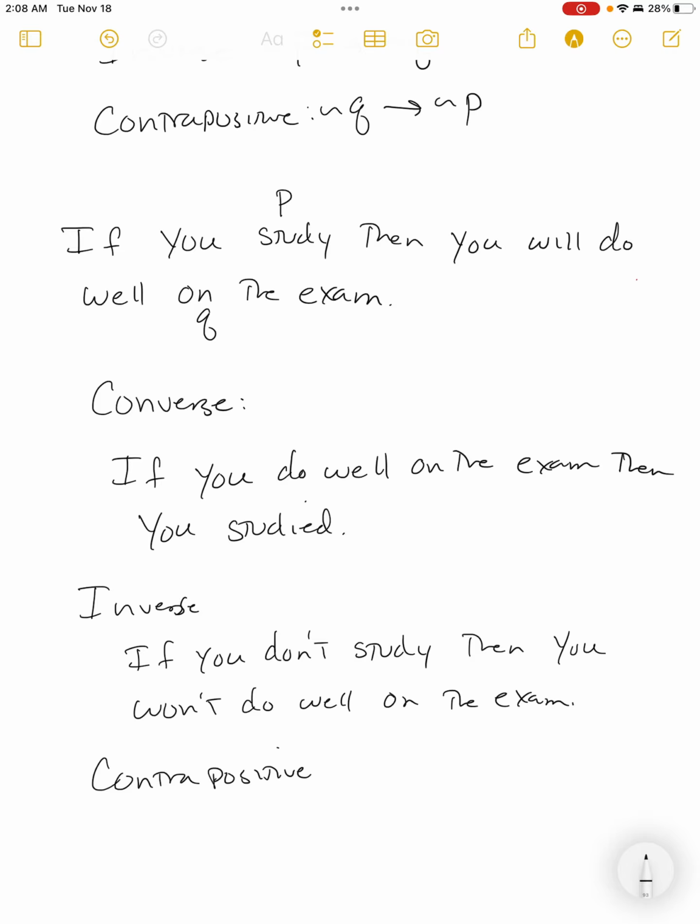So what would the contrapositive be? Well, it's up at the top of the screen there, and it says not Q. So if I don't do well on the exam, or if you don't do well on the exam, then you didn't study.